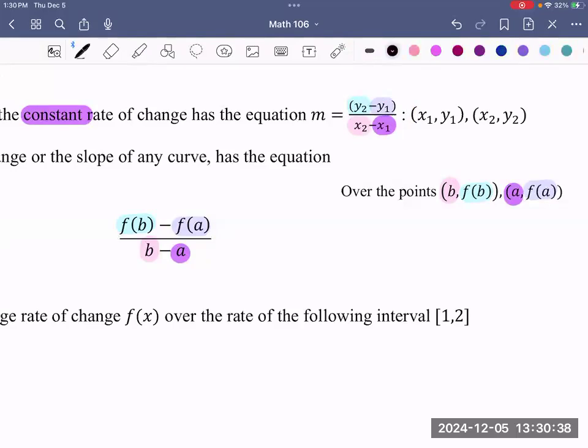Now, before, when we were talking about the constant rate of change, we just went ahead and labeled x1, y1, x2, y2, because it didn't really matter which went first. The same rule applies here. Order doesn't quite matter as much, but they want to be a little bit more hesitant with that.